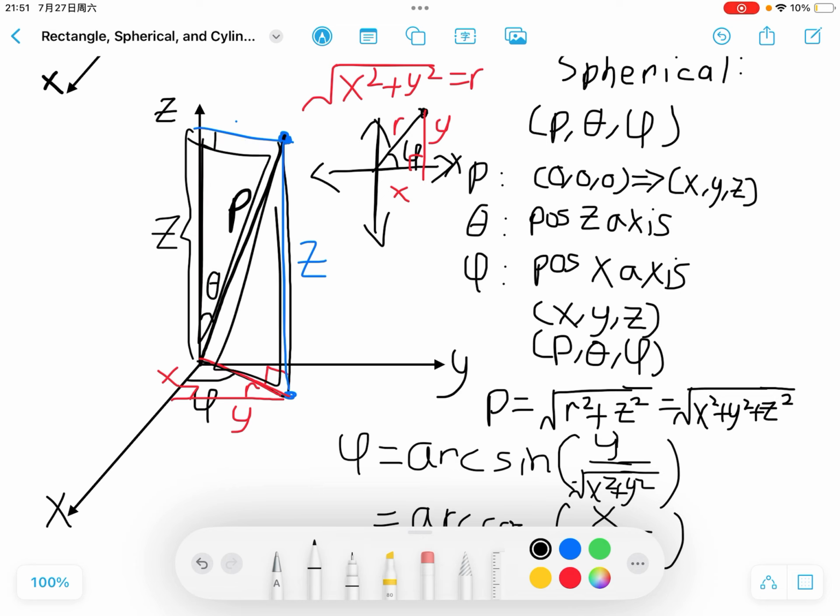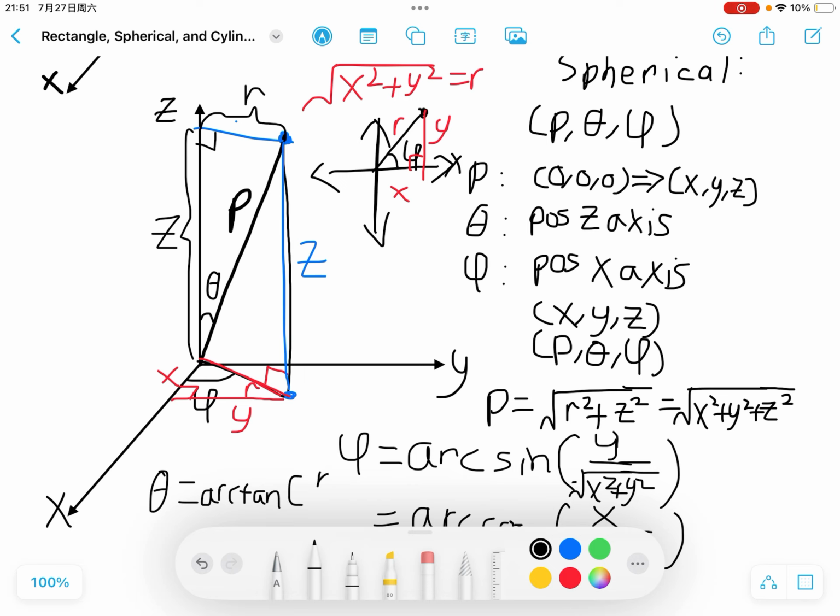So these two triangles are actually congruent to each other. So we know that this is z, and this side length is r. Then we know that theta is arctangent of r over z.